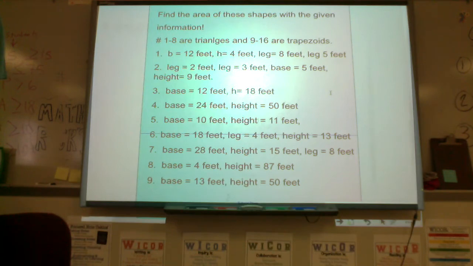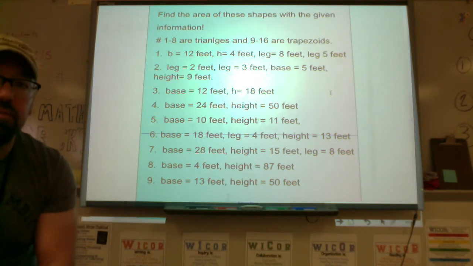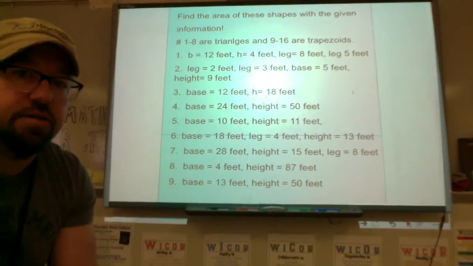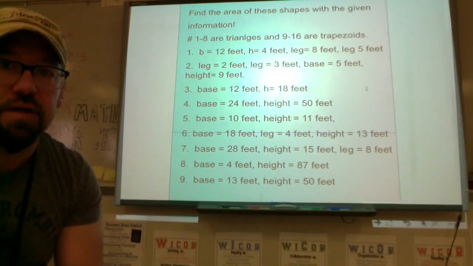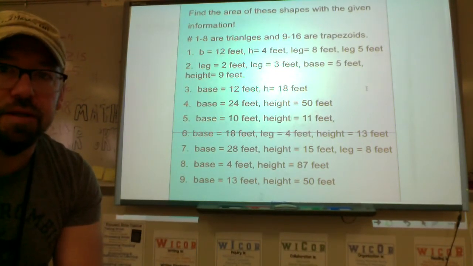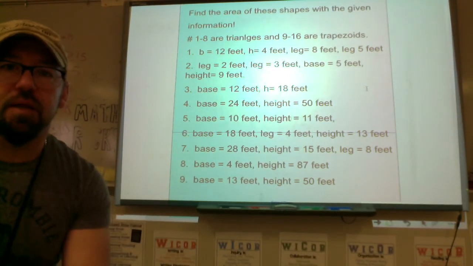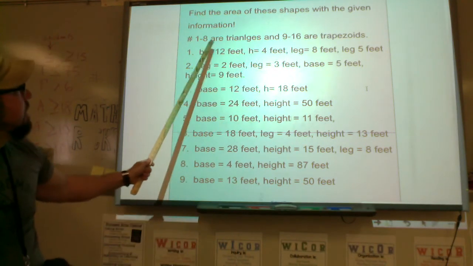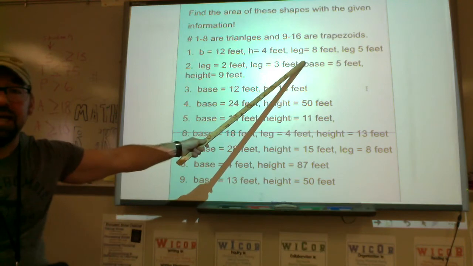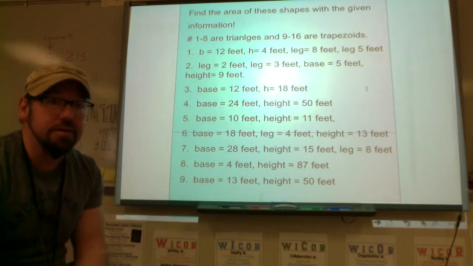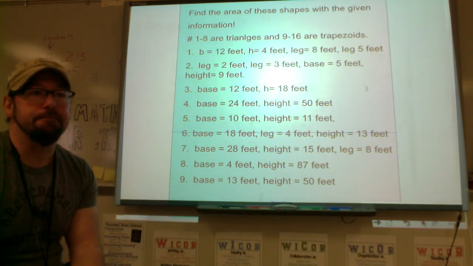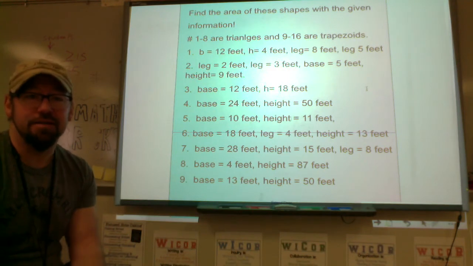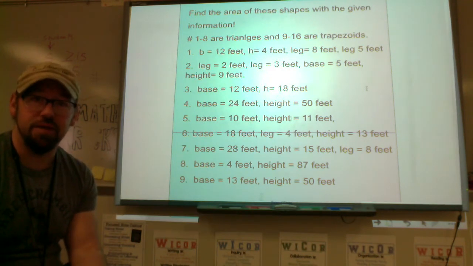You can pause. I have some practice problems for you here. So you might want to pause the video and get these written down. B stands for base, H stands for height, and some of them have legs, and that information doesn't necessarily matter, but it's there.